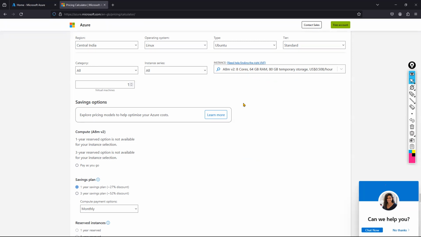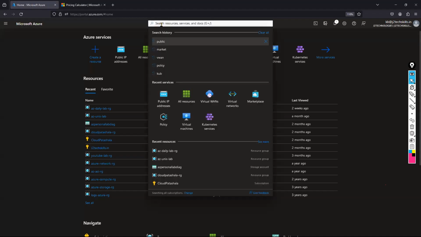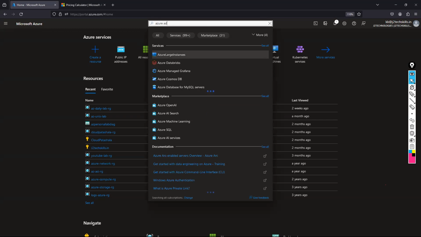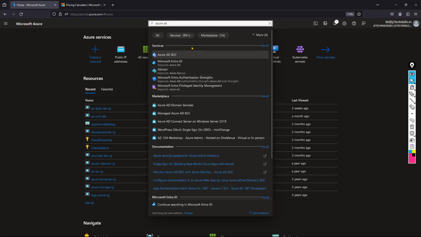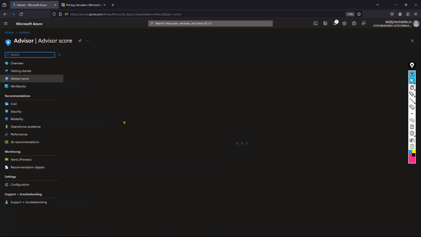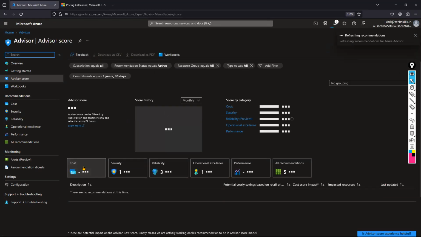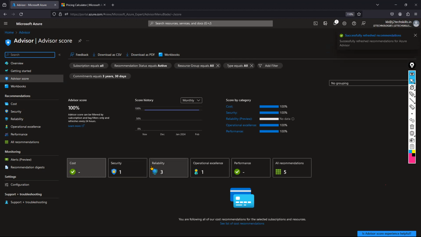Another important factor is Azure Advisor recommendations. Microsoft provides Azure Advisor recommendations, and generally we review them every month and get the recommendations from Microsoft. I can show you Advisor. So this is Advisor, and Microsoft provides recommendations for cost, security, reliability, operational excellence, and performance.